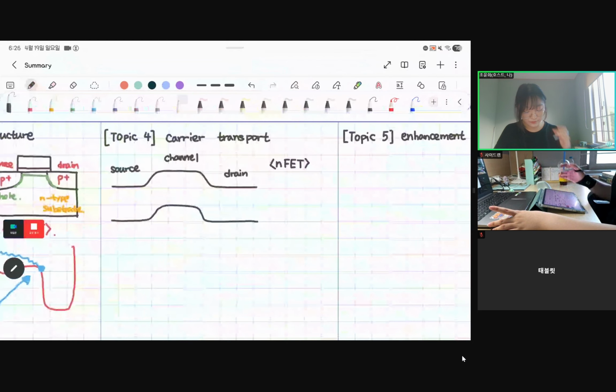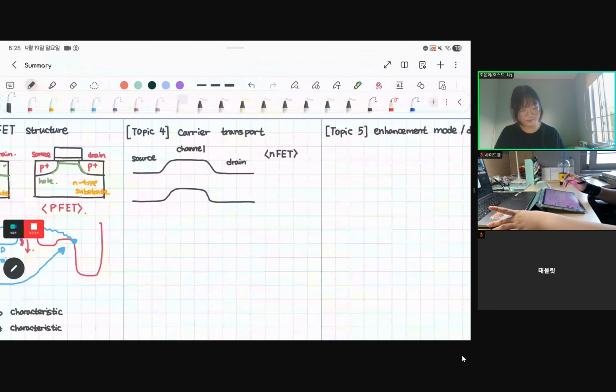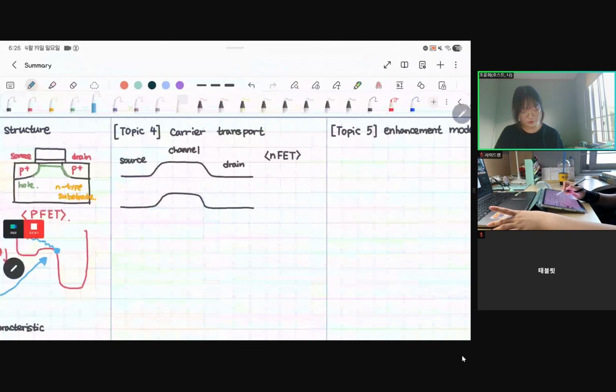So the fourth topic is carrier transport. We will draw the MOSFET band diagram. I draw the source, channel, drain band diagram in the thermal equilibrium state.